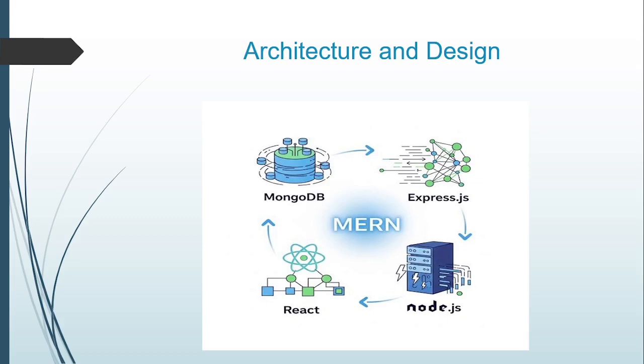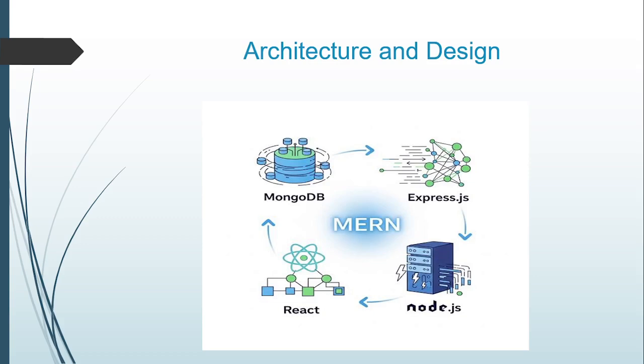So, next, architecture and design. This slide shows the architecture of the MERN stack. The process starts when a user interacts with the React.js frontend. The frontend sends requests to the backend developed with Node.js and Express.js.